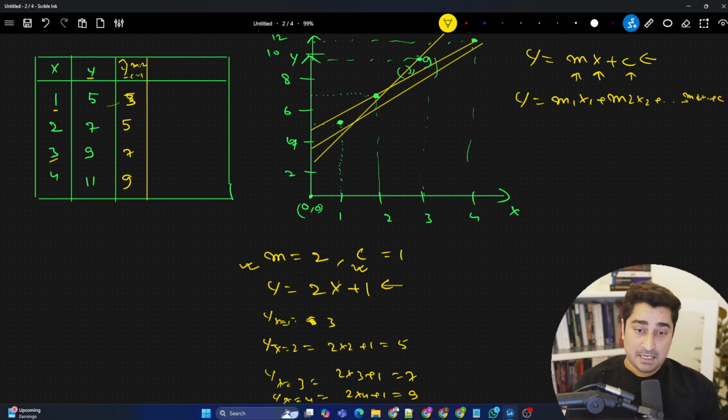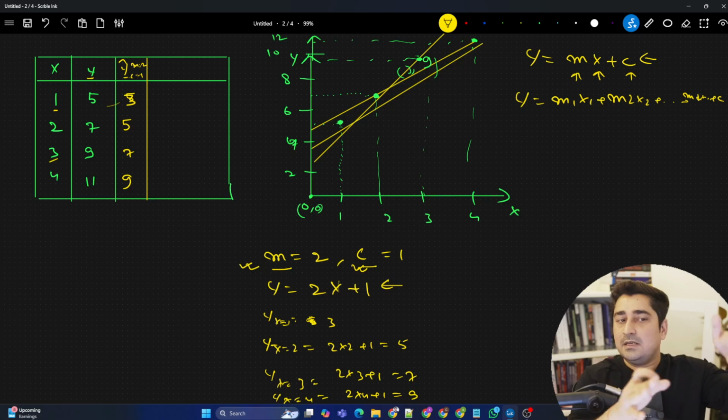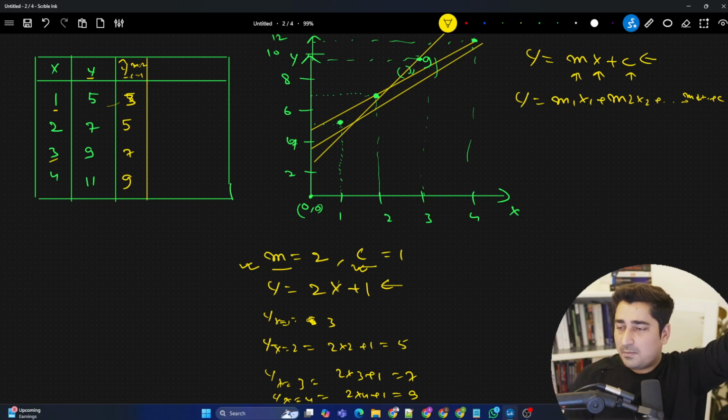See guys, at the end of the day, I have to find the value of m and c so that I will be able to find the best fitted line, which is going to be the generalization, the trend of my data set. So what am I supposed to do here? Any thought, any idea, anyone?